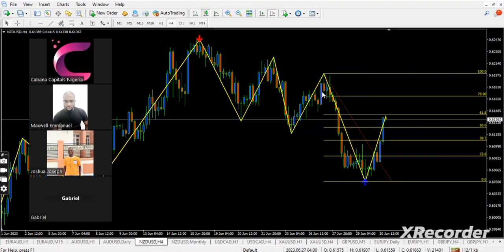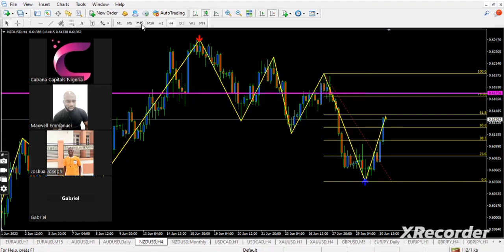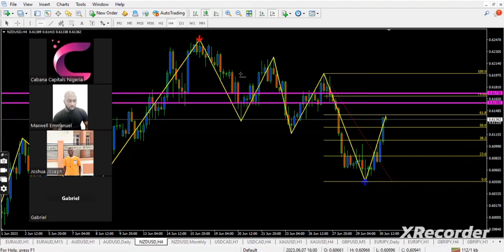This is where I'll be considering. We also have another block here. There's an order block here. We also have a fair value gap.